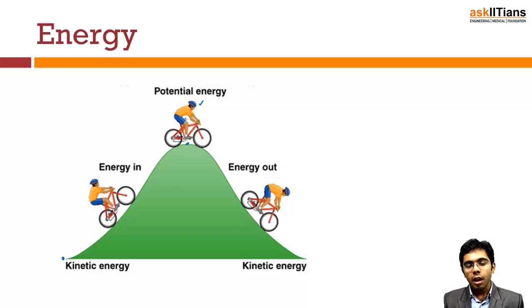This diagram shows that after that it will come down. So the diagram is exactly showing that for the first part the kinetic energy is converted completely into potential energy, and for the second part, while coming down, the potential energy gets converted into kinetic energy.